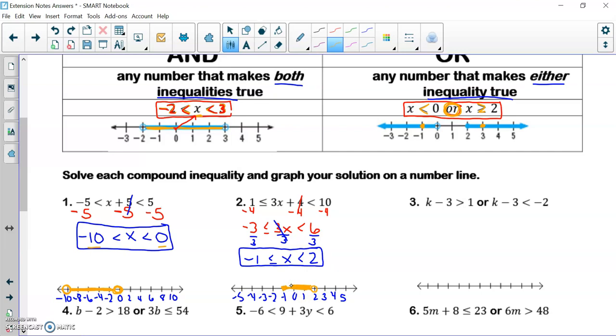All right, number 3 is an OR compound inequality. So I'm going to solve both of these inequalities separately. The first inequality, I'm going to add 3 to both sides. I get k is greater than 4, and then I join with the word OR. In my second inequality, I'm going to add 3 to both sides, and I get k is less than 1. So I'm now going to graph on my number line.